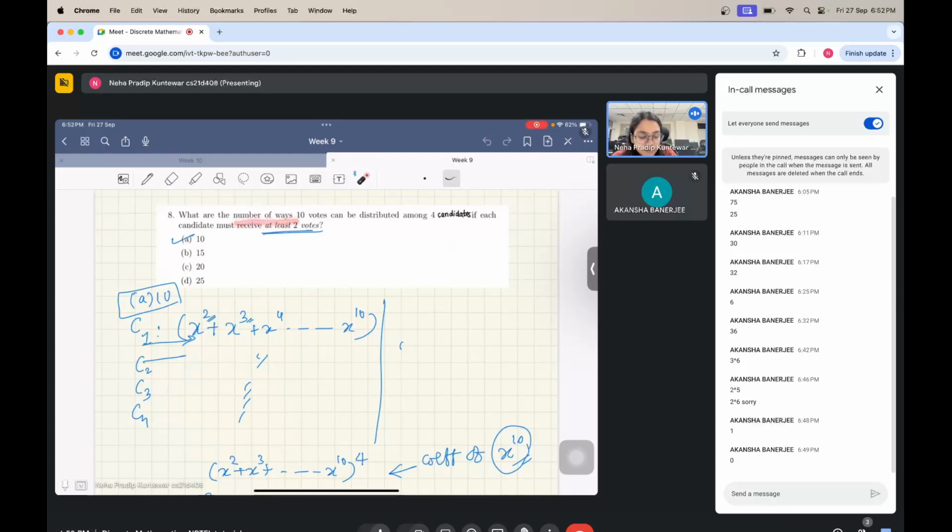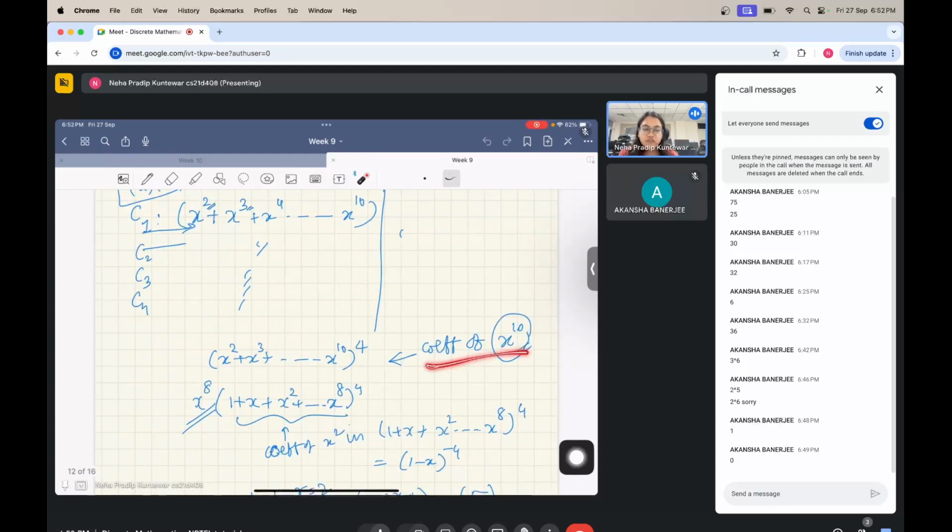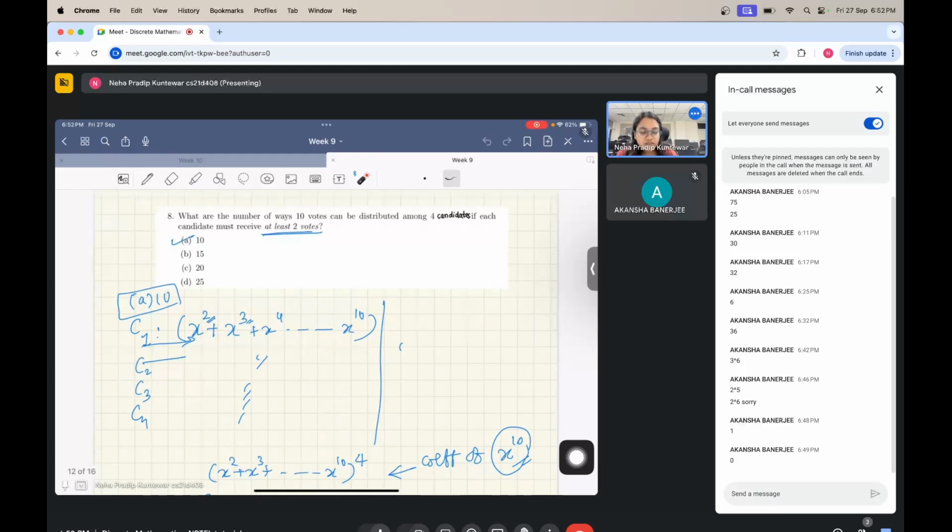So the question is, there are 4 candidates and you want to distribute 10 votes to them, and the constraint is that each candidate must get at least 2 votes. So we wrote these equations for each of the candidates, and then we multiplied them, and the question was to find the coefficient of x to the 10, because there are 10 votes that we are distributing.